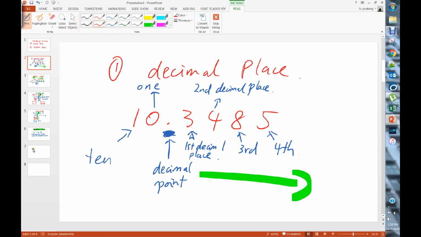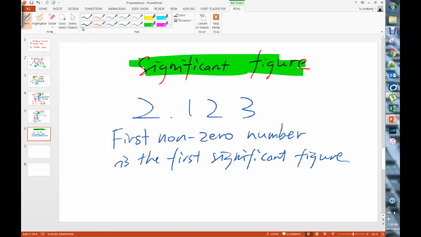But when it comes to significant figure, do I care about where is the decimal point? Why no? Because I am not talking about decimal place here. I'm talking about significant figure. So I don't need to care about where is the decimal point. What I need to care about is the first non-zero number.